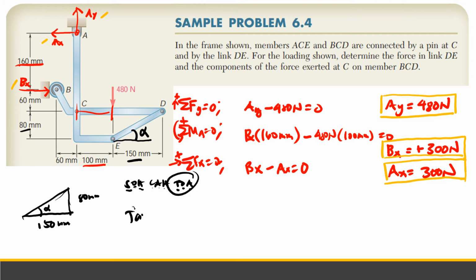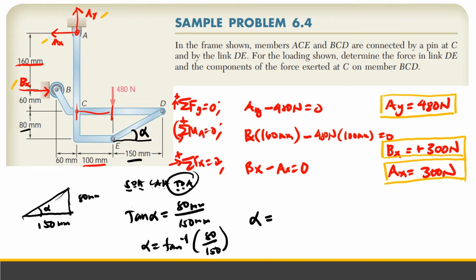So tangent alpha is equals to opposite over the adjacent. And then, ilipat natin yung tangent sa kabila. So, magiging alpha is equals to the tangent inverse of 80 over 150.